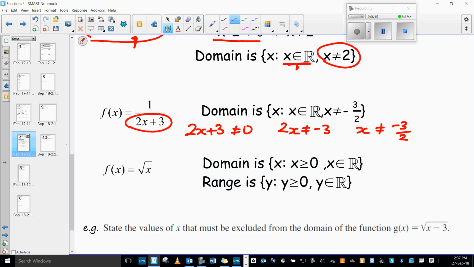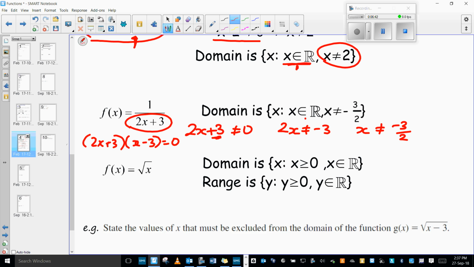If we had 2x plus 3 and x minus 3 equal to 0, we would know our values were negative 3 over 2 and positive 3. So you're doing the same kind of thing here. It's always going to be the opposite of this sign and this value divided by the coefficient of x. So again, our domain is any real number, but it cannot equal negative 3 over 2.